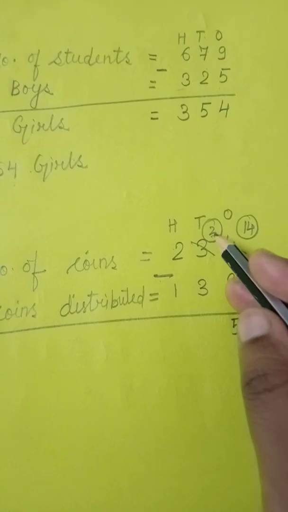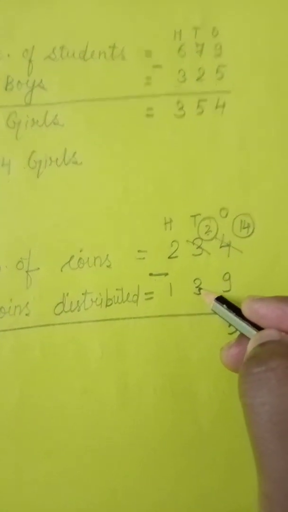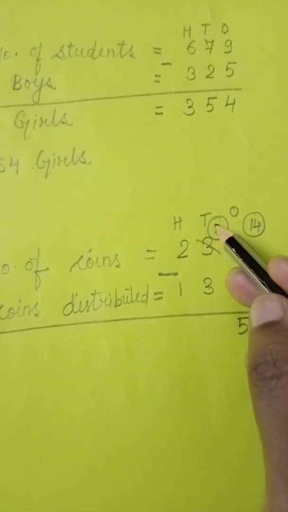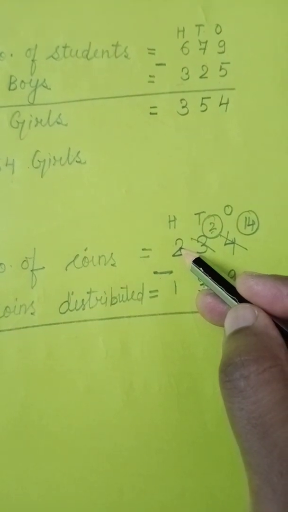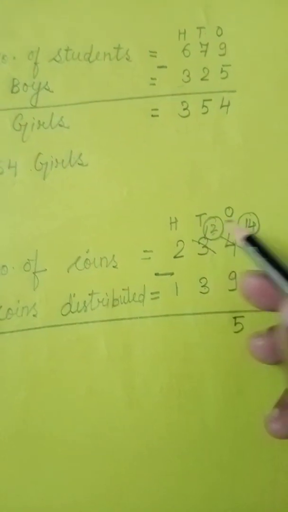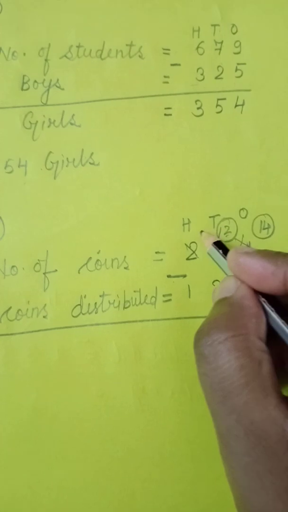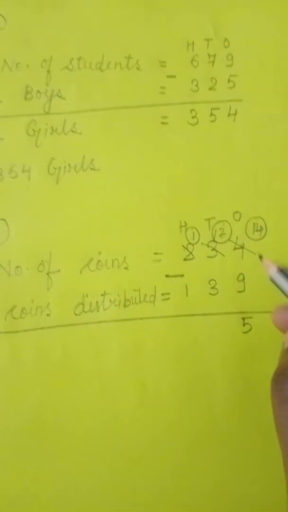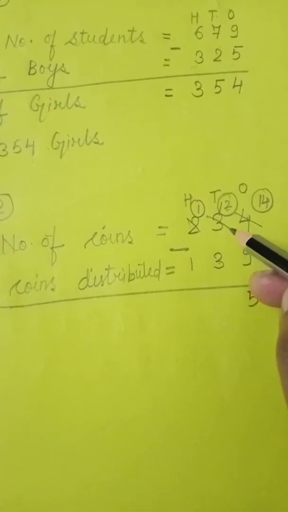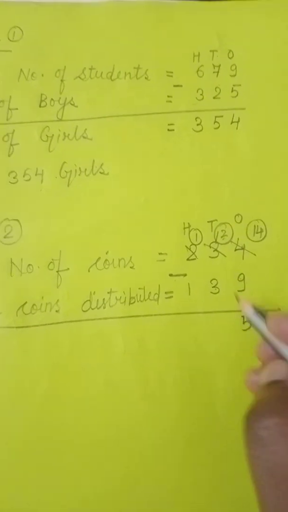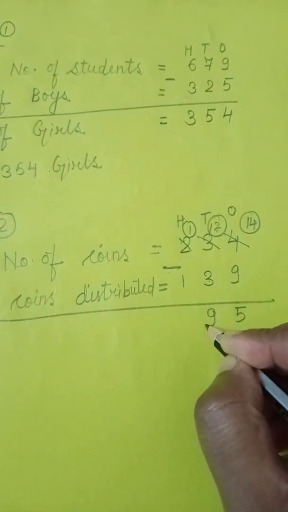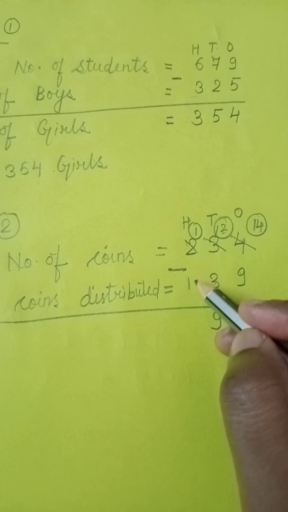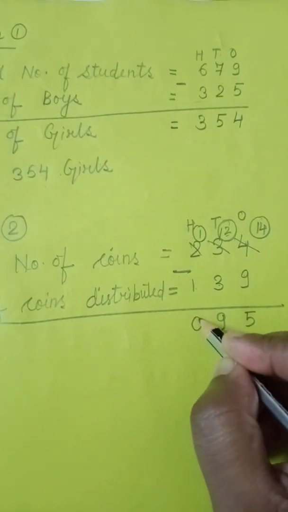And here is 2 minus 3. 2 minus 3 is not possible. So this 2 will take one carryover from this one. So it will become 12, and this will become 1. Two times we are taking carryover, okay? 12 minus 3 is 9, okay? And 1 minus 1 is 0.